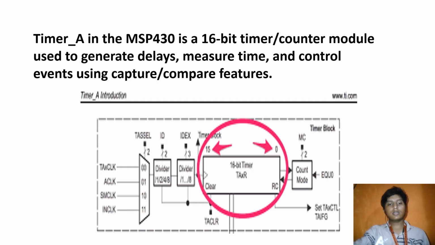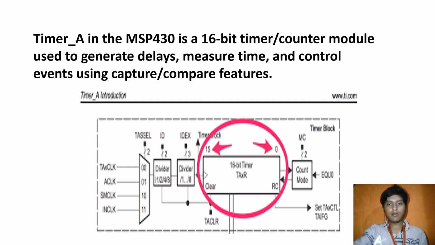In the clock we can see the inputs of a 16-bit timer A, and this is the clock source. TASSEL means the timer first selects a clock source from TACLK, ACLK and SMCLK.